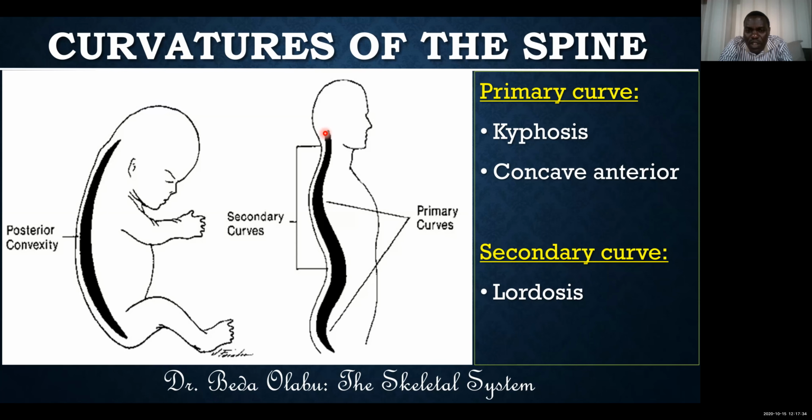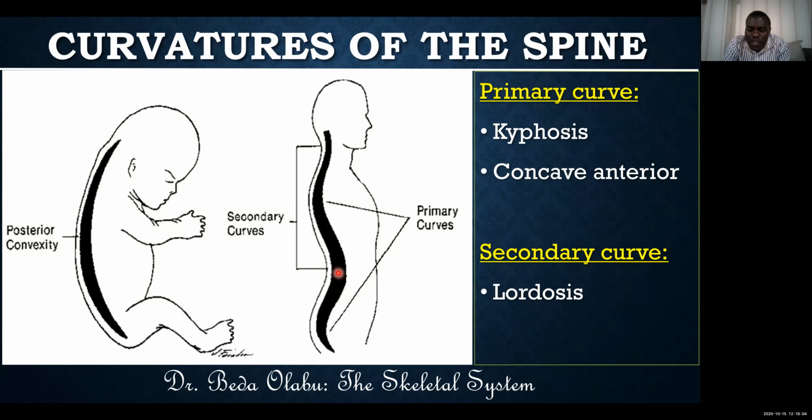Cervical lordosis develops between the first 3 months of life. From the first to the 3rd month of life, that is when cervical lordosis develops. As opposed to the lumbar lordosis, which is an adaptation for the upright posture. This lordotic curve, therefore, will develop much later, just before the baby starts to stand with support.